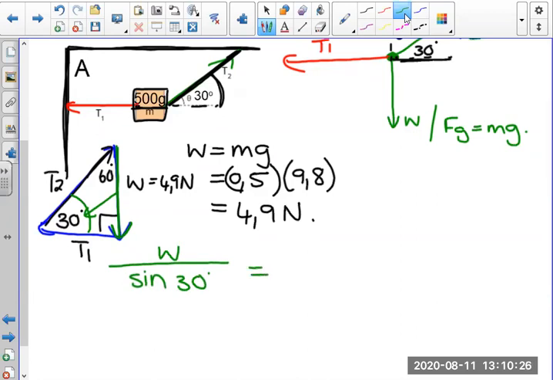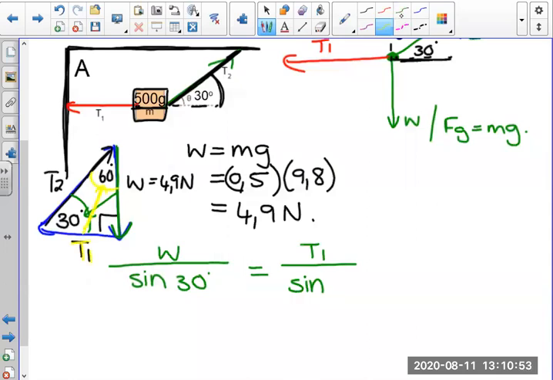And now I want, let's say we start with T1. T1 equals to sine, and now I have to use the angle that is across T1. Now when I look at that one, this is T1. I'm looking at that angle, the 60 degrees. Can you see? T1 is this one here. So the angle across that one is 60.